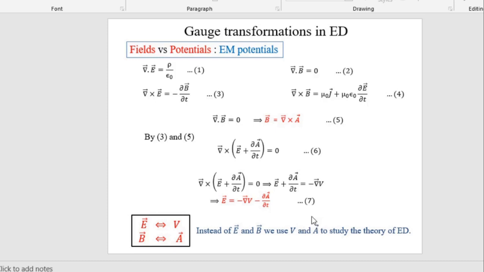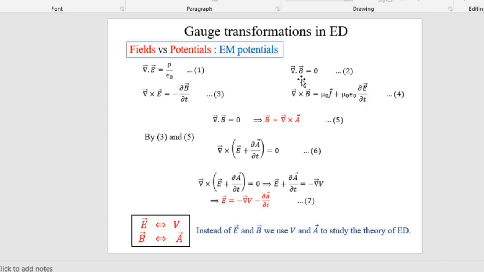This we find in higher studies like high energy physics, where we will be basically dealing with these electromagnetic potentials when we work with the electromagnetic field.